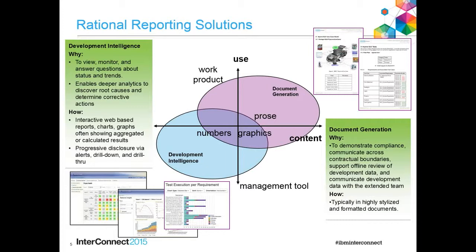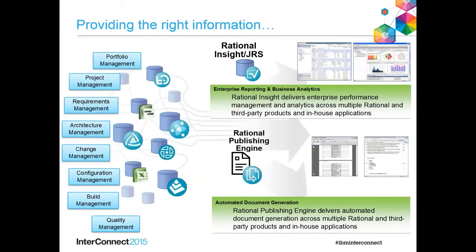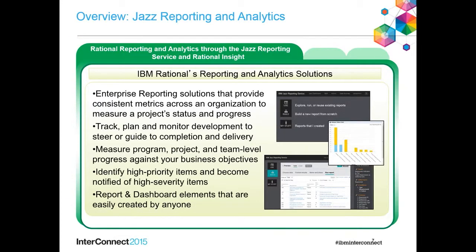As most of you are familiar, the traditional Rational reporting solutions went around Cognos reporting through either RRDI or Insight, with RRDI being shipped with CLM and Insight being a separate product. But essentially, both of them provide access to the Cognos BI server and reporting from the data warehouse.